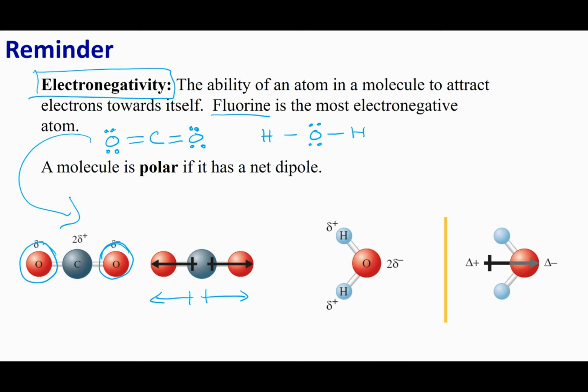Now, what you can see is that these dipole arrows are pointed in opposite directions, and they have equal strength going in those opposite directions. So this molecule, what you can say is that the dipole arrows cancel each other out. So in this case, there is no net dipole, and that means the molecule is non-polar.